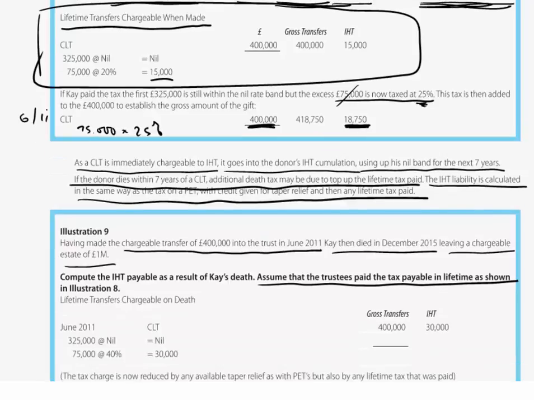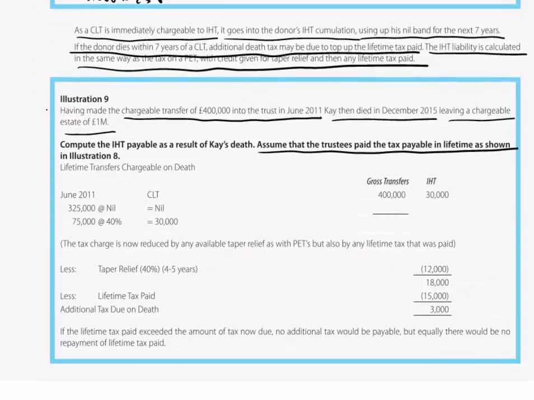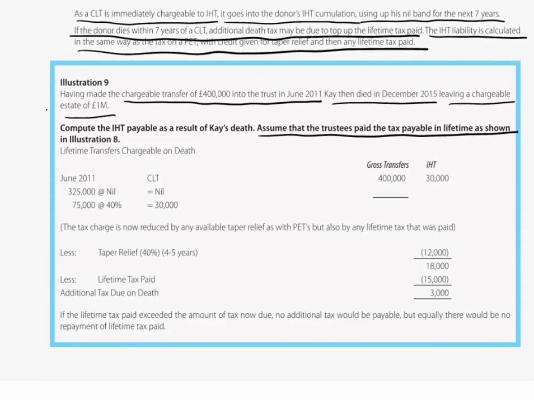Now, sadly, K has died within 7 years. She died December 2015. The transfer June 11. Two things relevant here to begin with. Did she survive for more than 7 years? No. Therefore, the June 11 CLT will become chargeable on death as K died within 7 years.